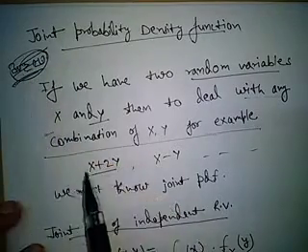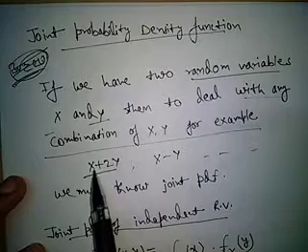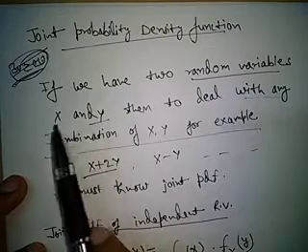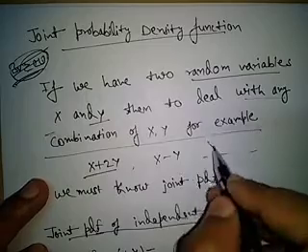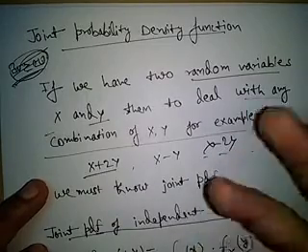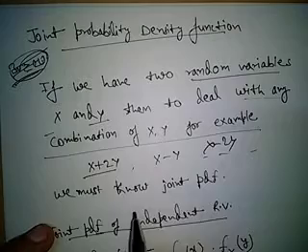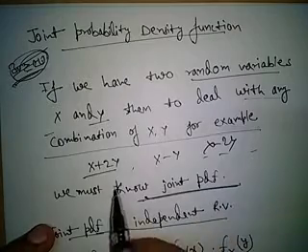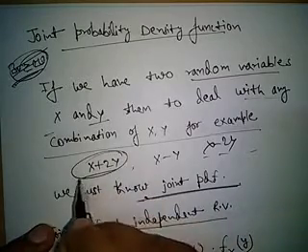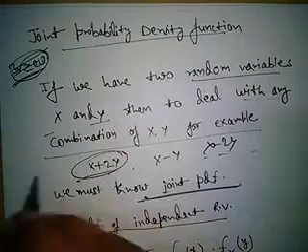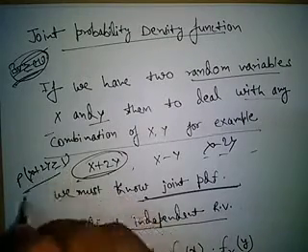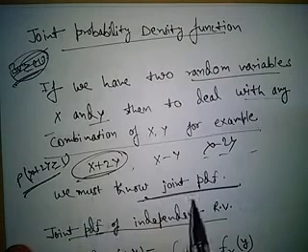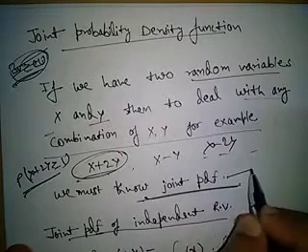So if any type of relation is there in the function of two random variables x and y, x plus 2y, x minus y, x minus 2y, x plus 3y, anything, then we must know the joint PDF for the probability of any of these combinations. Like if we want the probability of x plus 2y greater or equal to 1, then we must know the joint PDF. So what is meant by joint PDF?